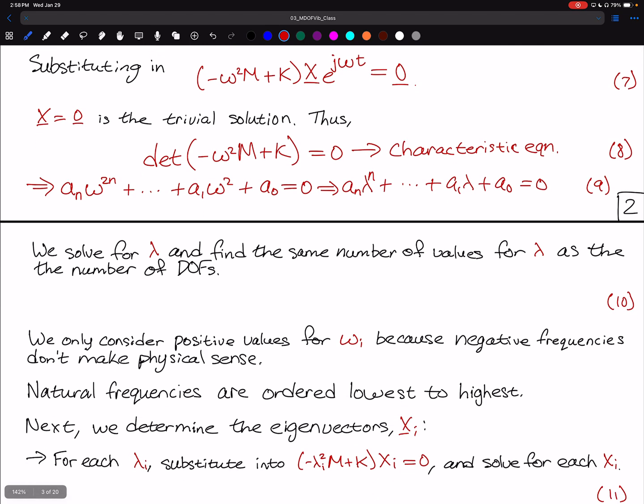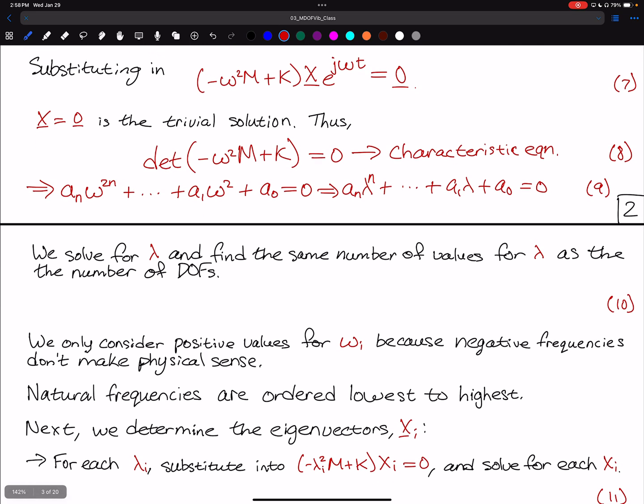Okay, so the goal now is to solve for lambda. And you'll find that there's the same number of values of lambda as there are degrees of freedom, as we just talked about. And once we know lambda, then we can find the natural frequencies, or the omegas.